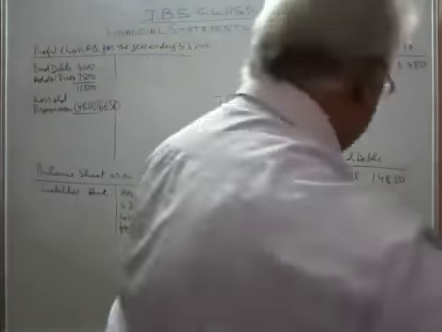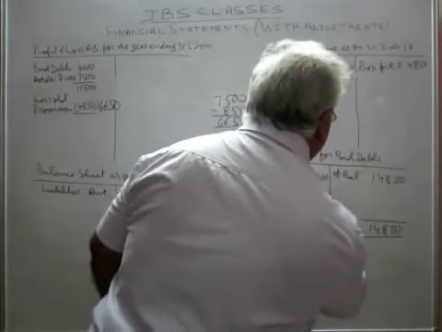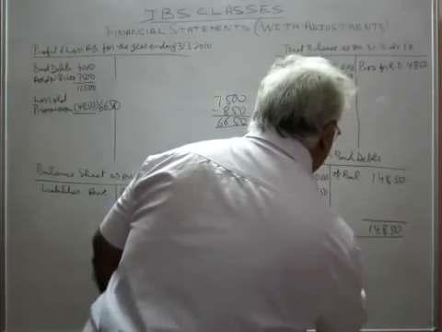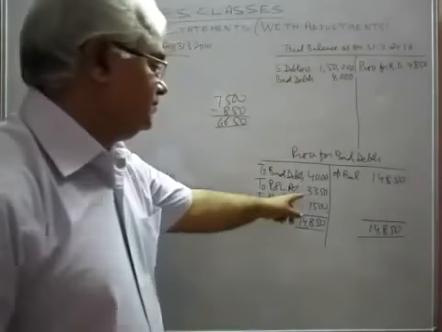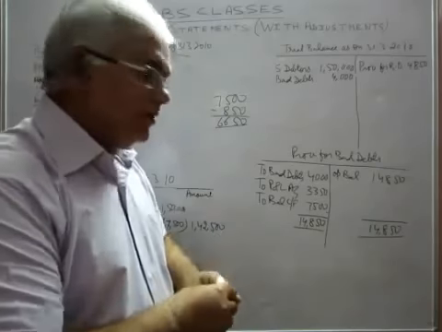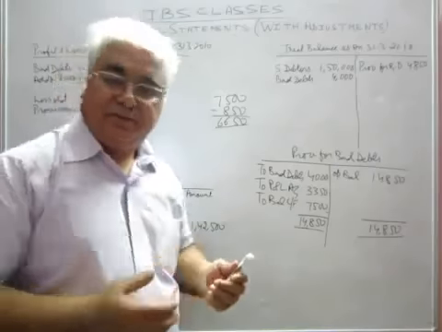It will be 3,350. So this is the amount which will be credited to profit and loss account. This will be credited to profit and loss account. I hope it is quite clear.